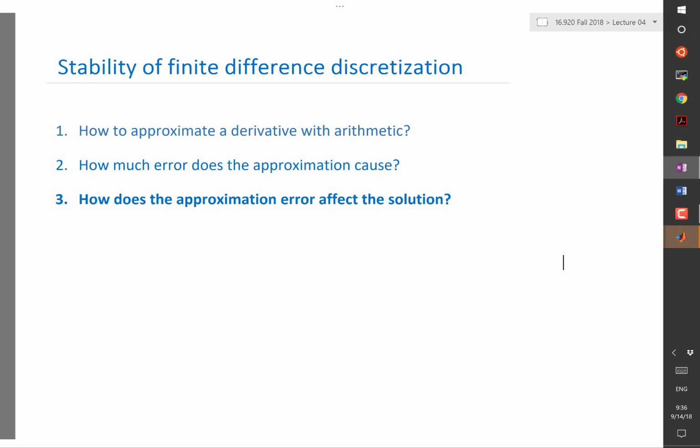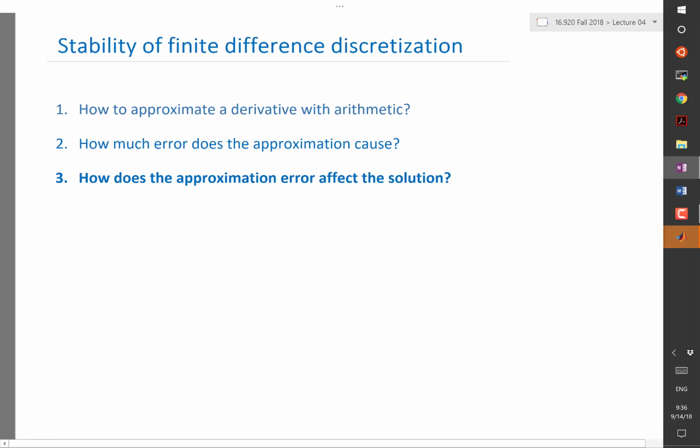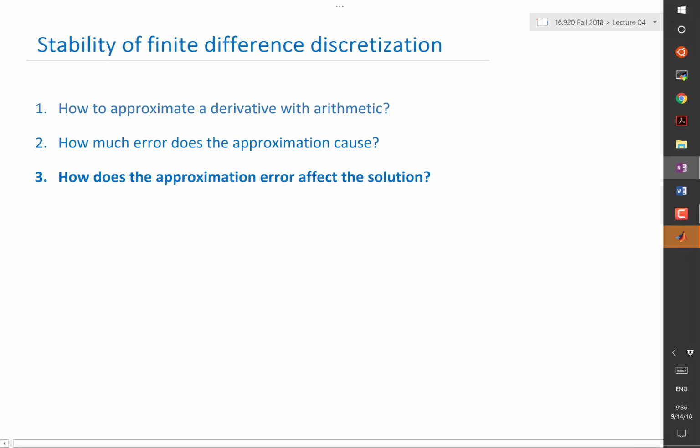All right, so today let's continue on studying finite difference. At the end of the last lecture, we started to look at how much error there is, not only in the approximation of the finite difference operator, but also in the solution itself.